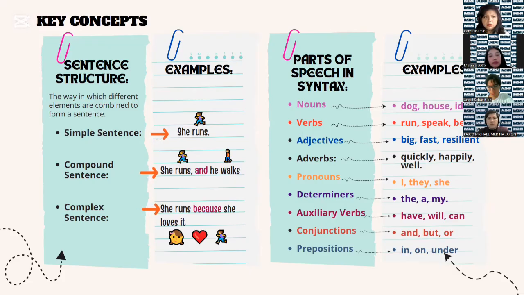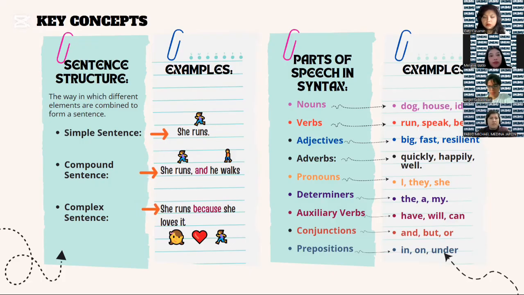Adjectives describe or modify nouns. For instance, big, happy, blue. Adverbs modify verbs, adjectives, or other adverbs. Some examples are quickly, very, well.